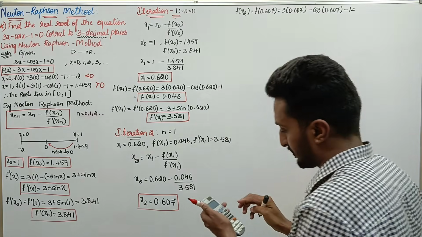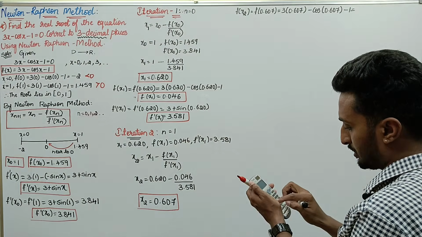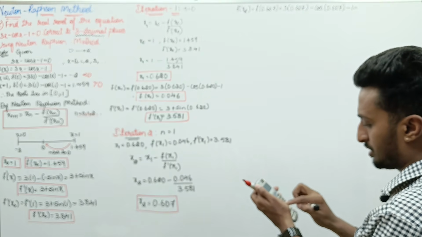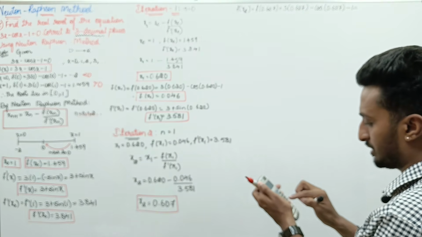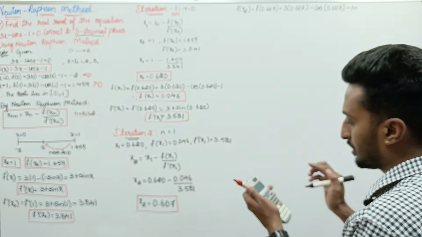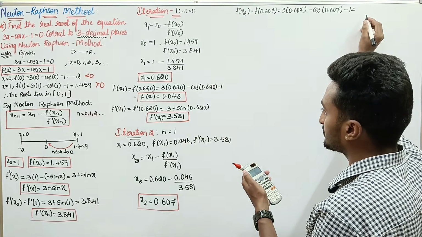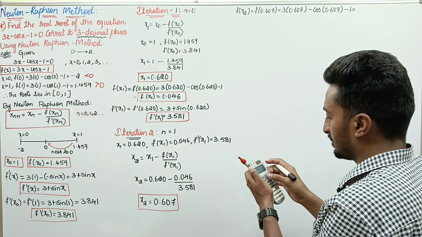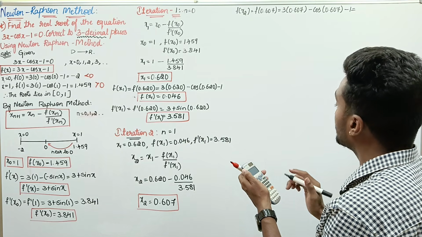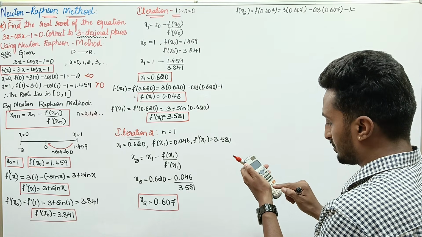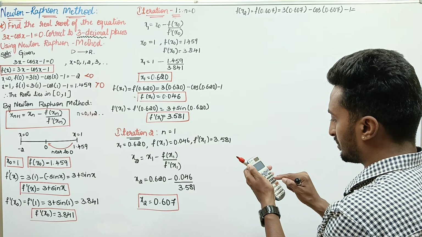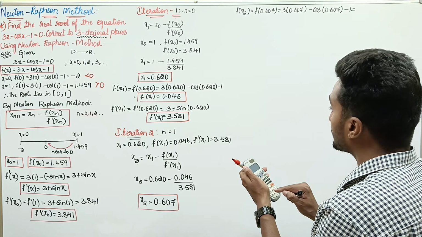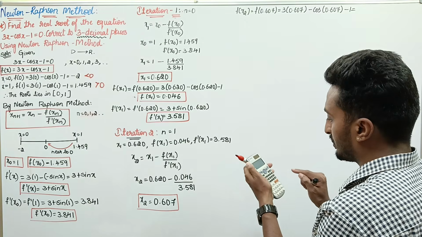Again, 3 into 0.607 minus cos 0.607 minus 1.